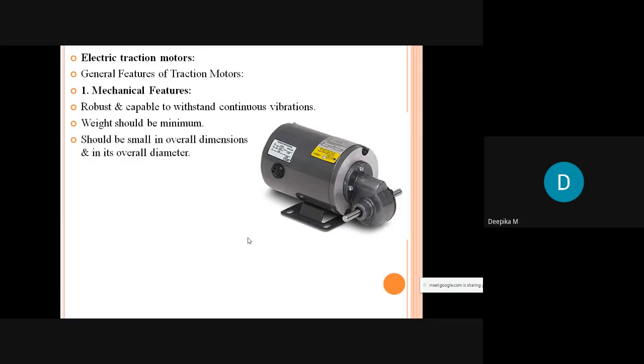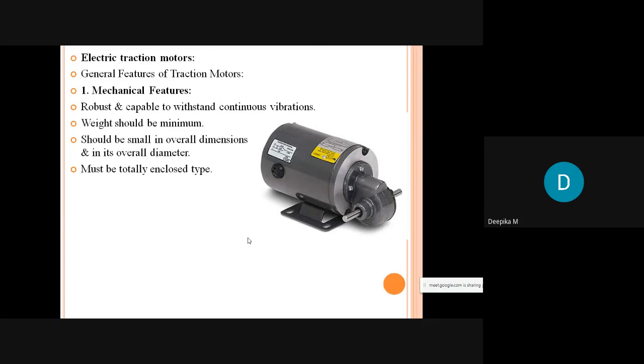It should also be smaller in overall dimension as well as in diameter, again as it is installed beneath the traction system. And it should be of totally enclosed type, because dust, water content or any dirt may accumulate over the motor. So we have to avoid that.